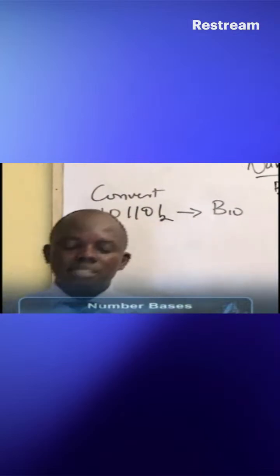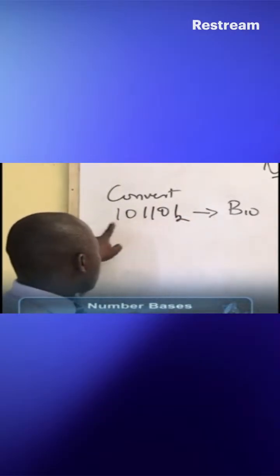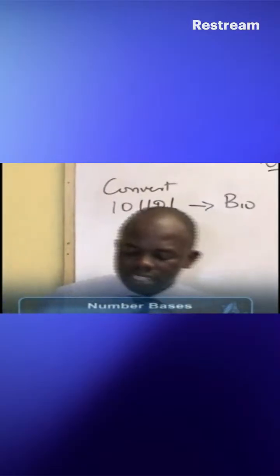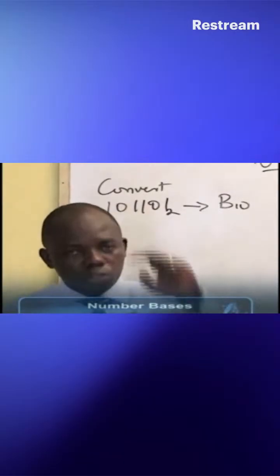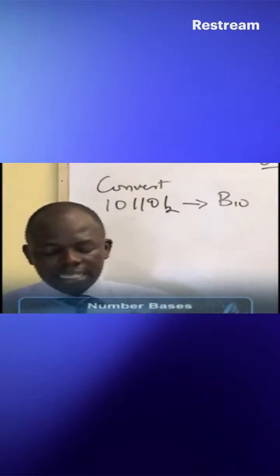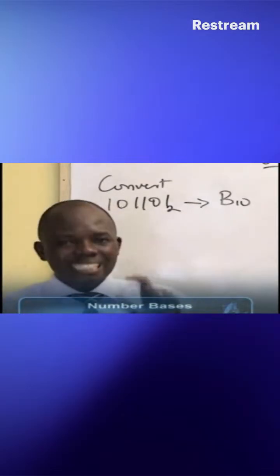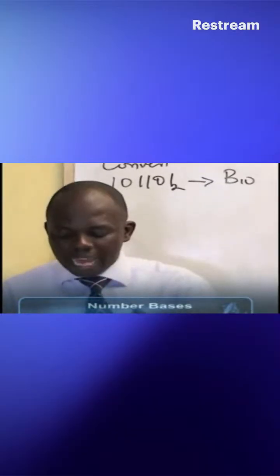To do this, we have 6 digits, 1 2 3 4 5 6. Each digit of the binary number is multiplied by 2, which is the base, and added to one another.